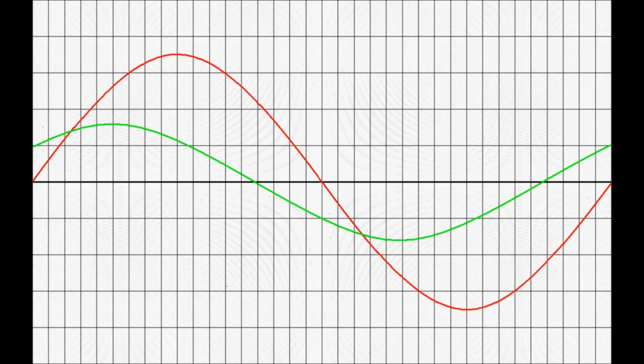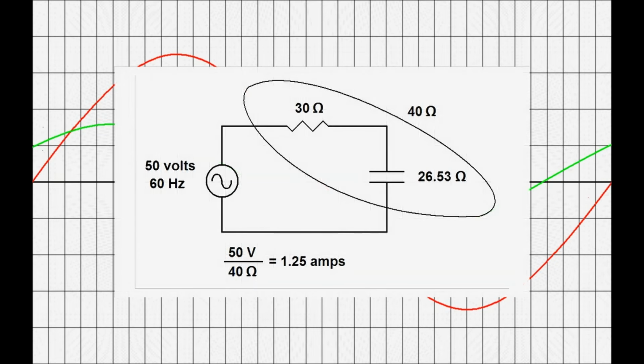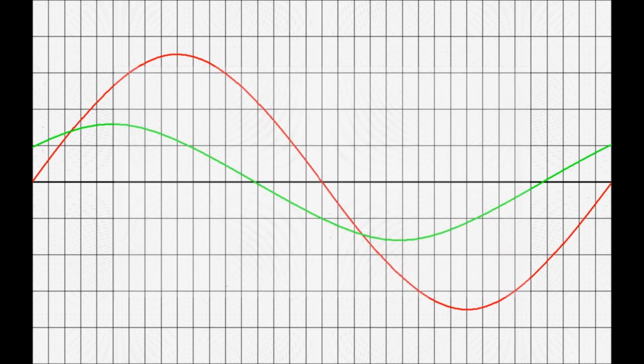So there we have it. In this particular circuit, the combination of the resistor and capacitor in series gives us approximately 40 ohms of opposition to current flow. Also, the current leads the source voltage by 41 degrees. Is there an easier way to tackle this? Yes. It doesn't explain why everything happens the way it does.